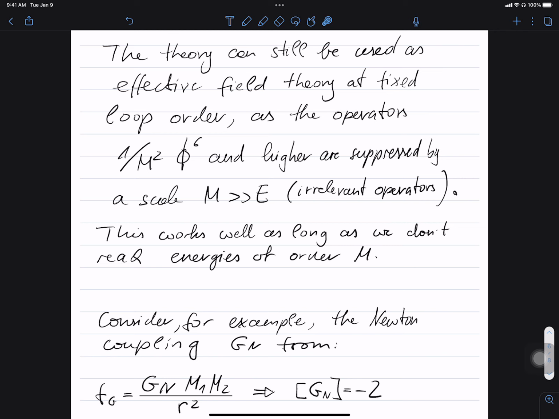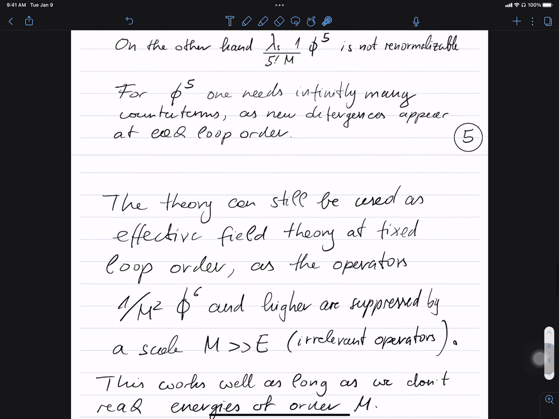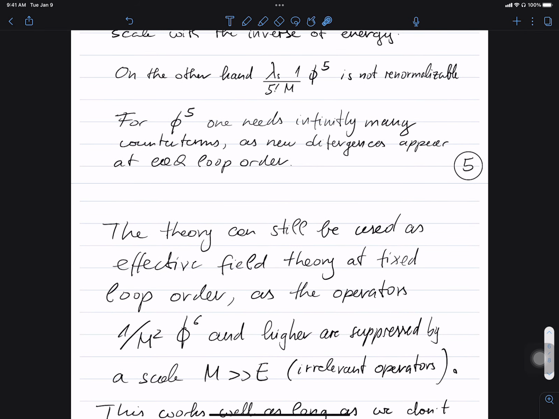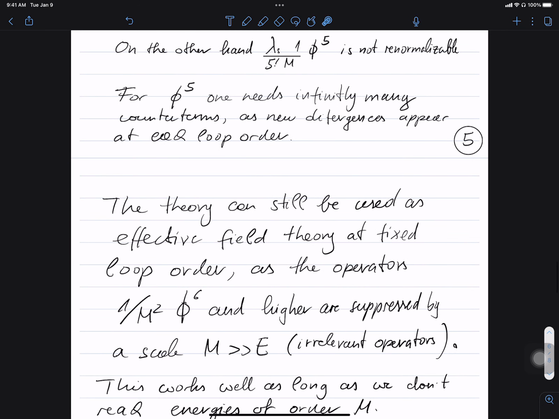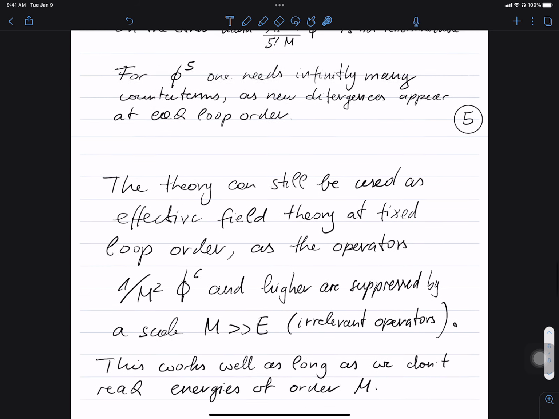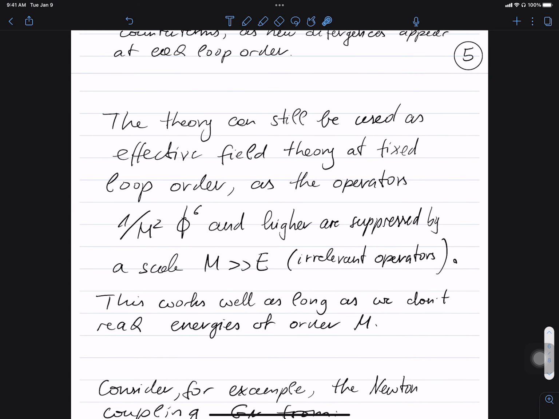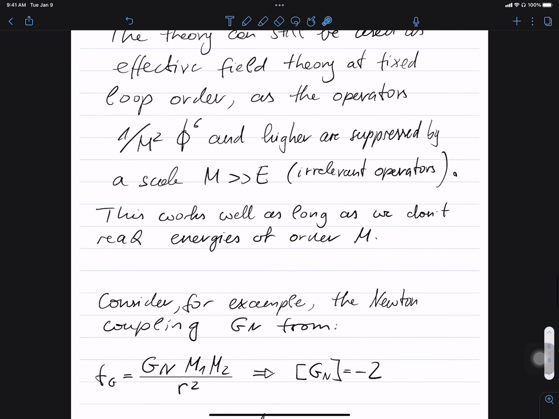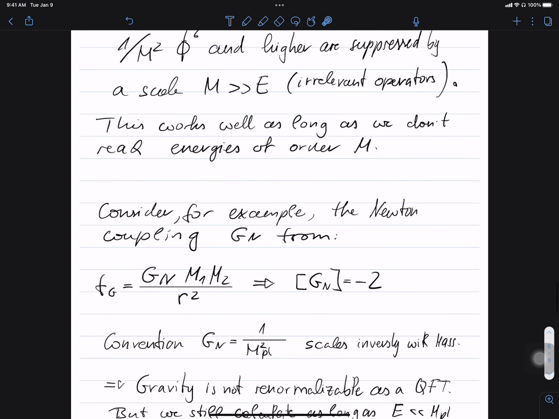So we could say, well, I'm satisfied with the result, taking only the phi to the 5 or maybe phi to the 6 operators into account, without even calculating and finding counterterms for higher order terms, or terms with a higher number of phi's. And as long as we are operating at energies well below the scale by which this operator, as we know it is called an irrelevant operator, is suppressed, the theory is still good and can make predictions.